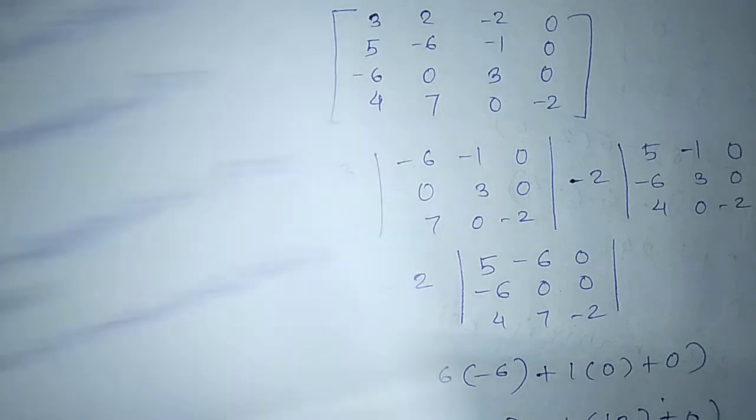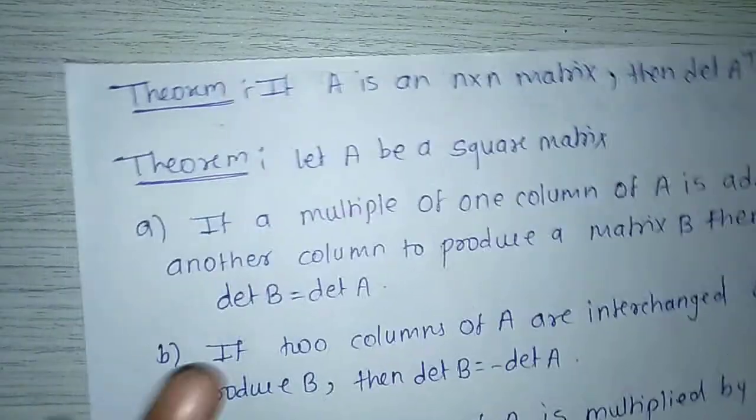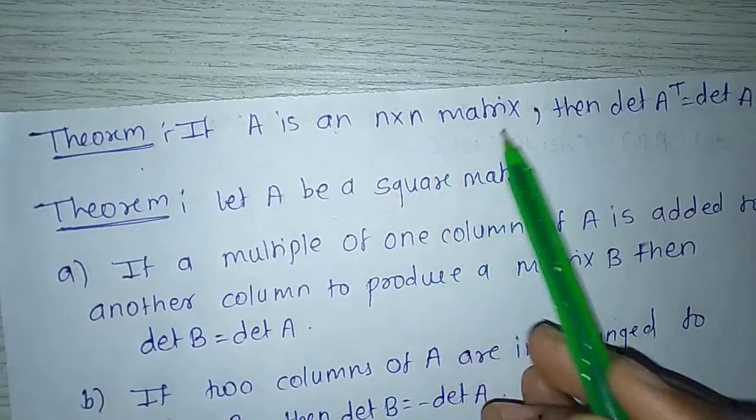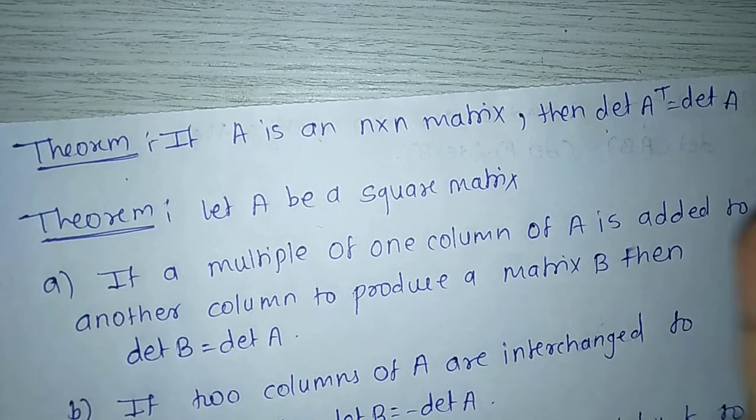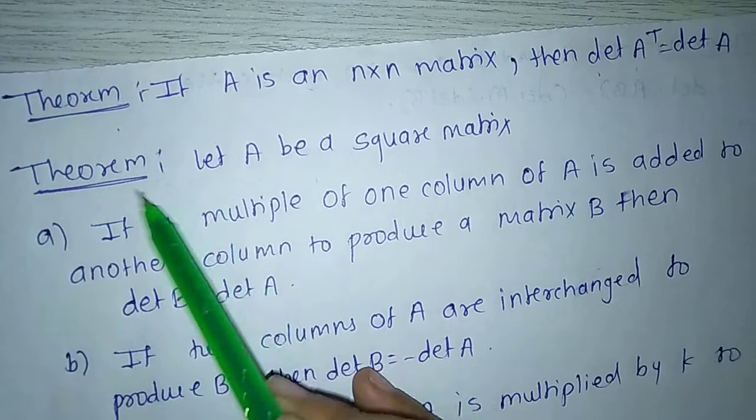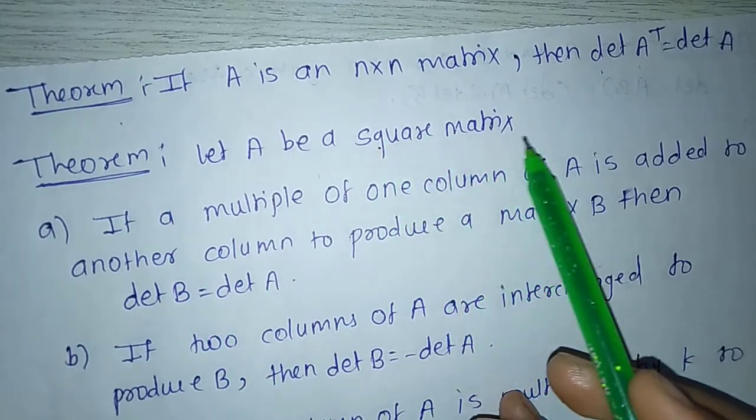Next theorem. If A is an n by n matrix, then determinant of A transpose equal to determinant of A. Next theorem, let A be a square matrix.